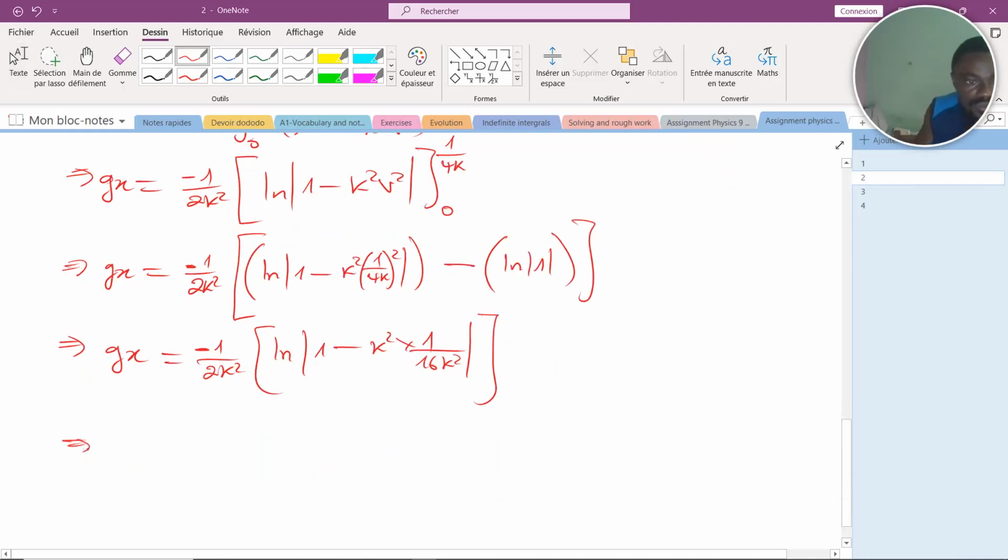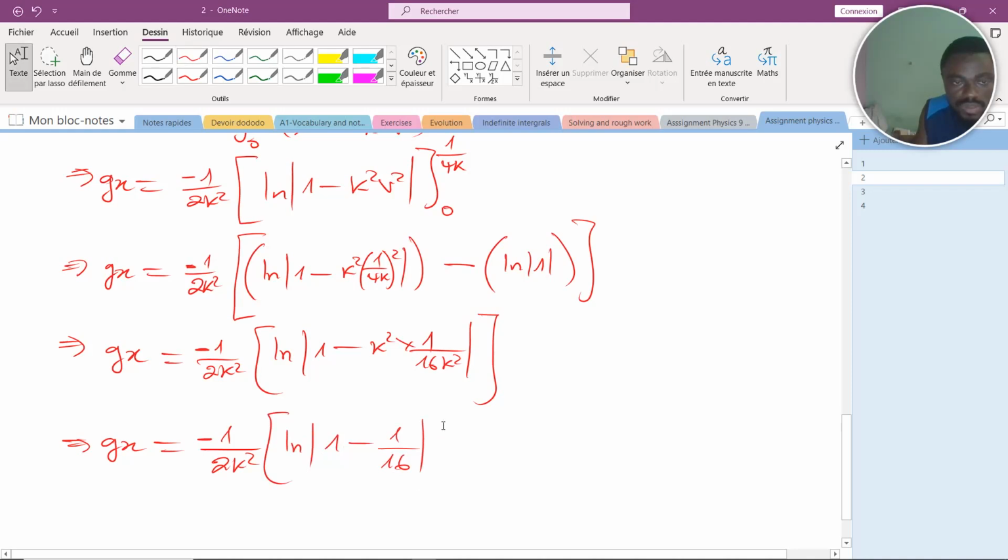We have gx being equal to minus 1 on 2k squared into the ln of the absolute value of 1 minus 1 on the 16.